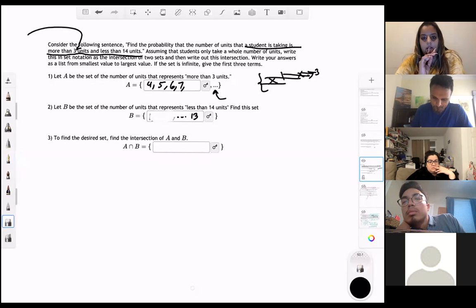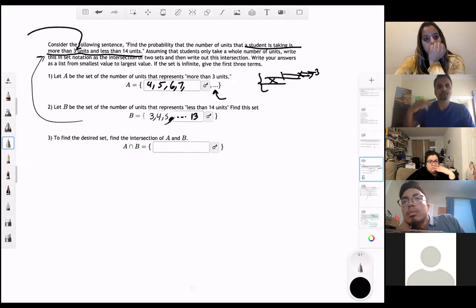So let B be the set of the numbers of units that represent less than 14 units. So it can be 3, 4, 5, till 13. All right, so you are right if we didn't have this information. We are dealing with the number of units for the students. Thank you. Very good, Elia.